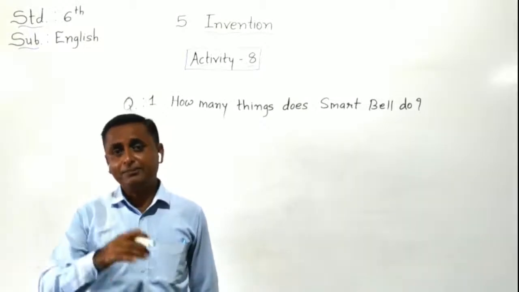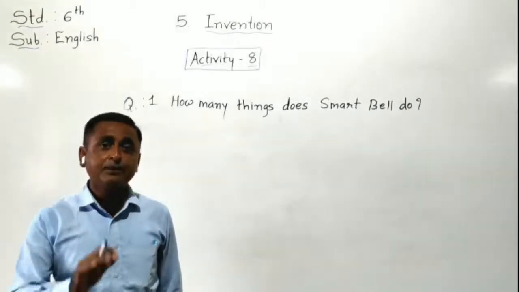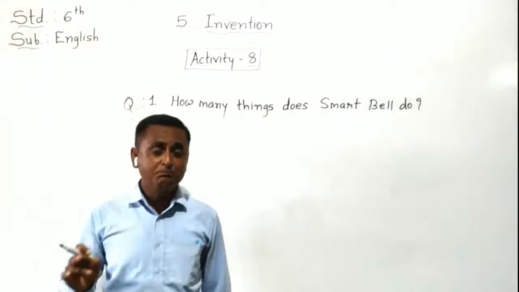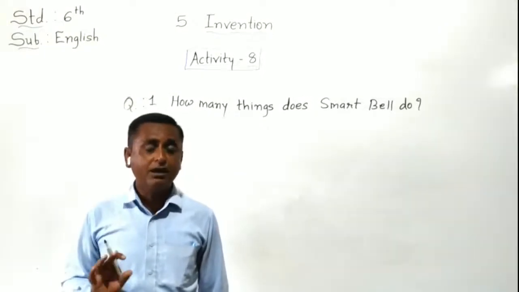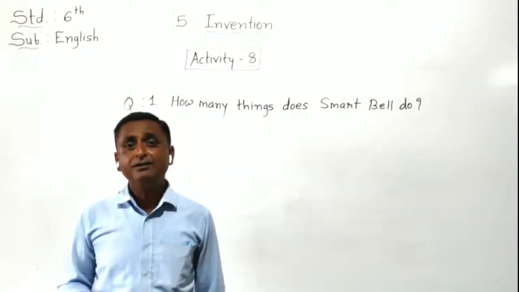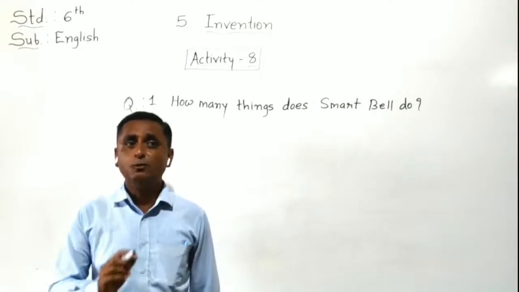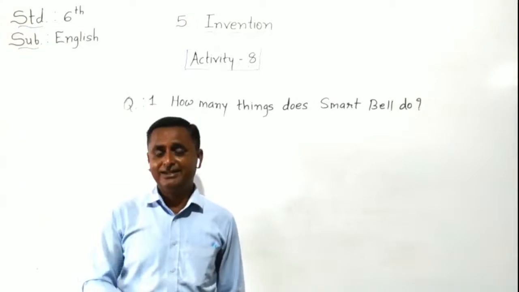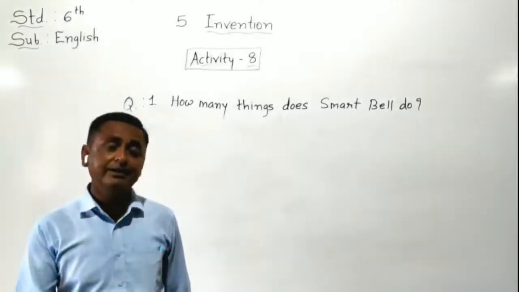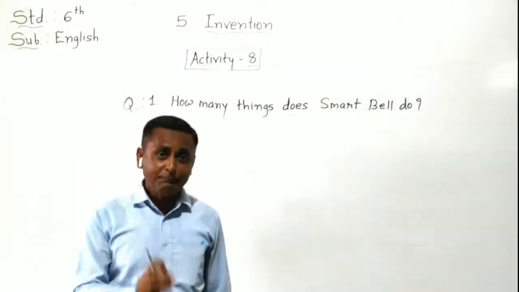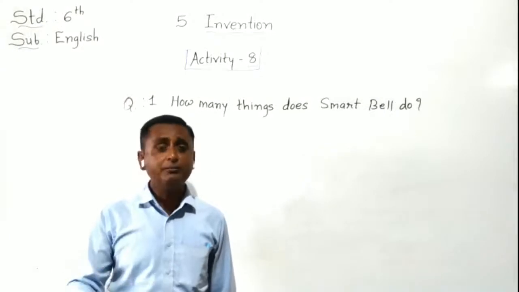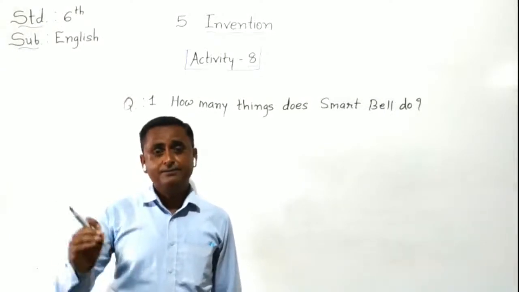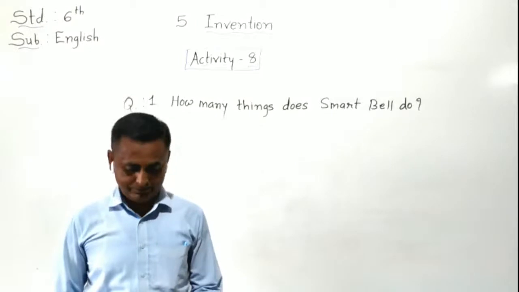At that time, after 10 seconds, the smart bell dials the number of the owner of the house. Okay, dial the owner of the house means it calls the owner of the house on the phone. If no response comes within 10 seconds, after 10 seconds the smart bell dials the owner's phone.